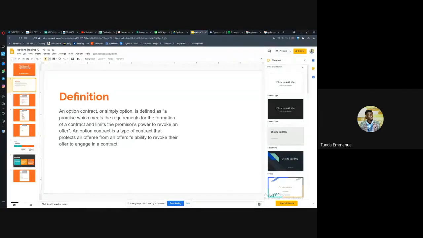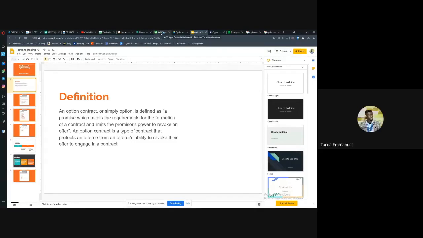You can find a definition on Google, but just to make it a little bit easier, an option contract is just a contract between two parties where they agree on a certain price at which one of the parties can purchase a security, and that contract has an expiration time, and it has a specific price at which they can purchase the security.